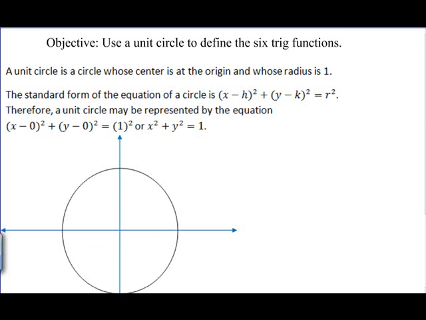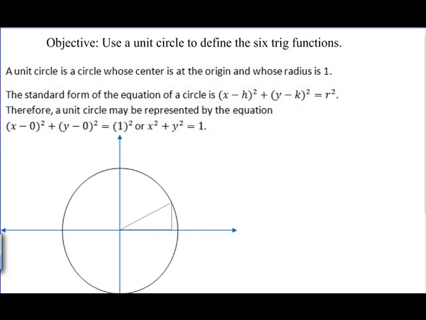Well, what's really interesting is if we put on here some things that we talked about before with the right triangle. Let me superimpose this right triangle on top of our unit circle.